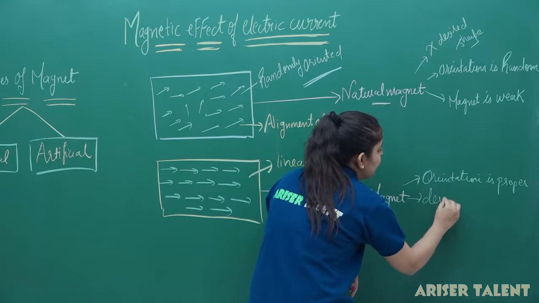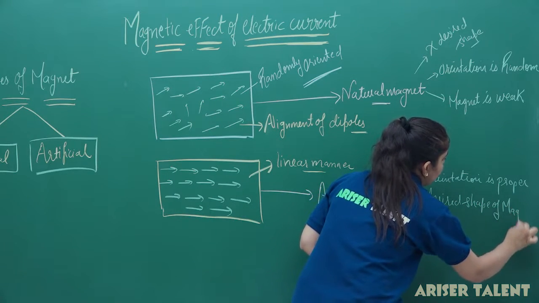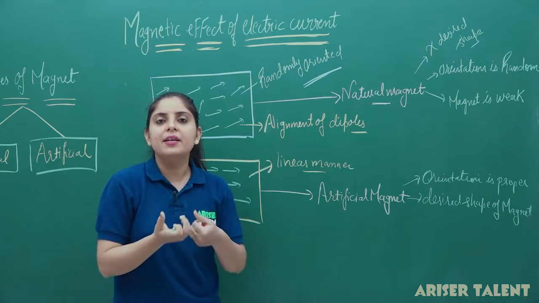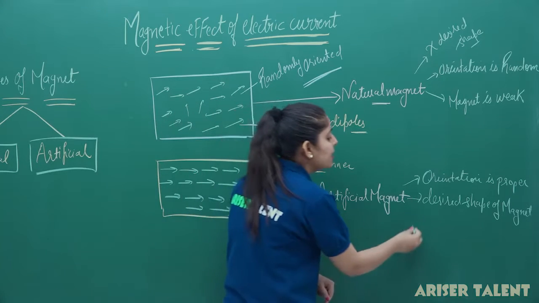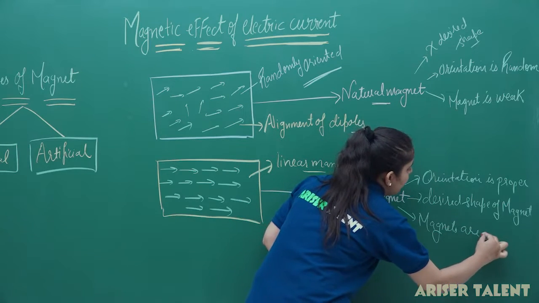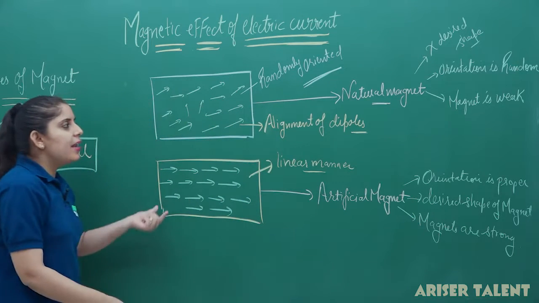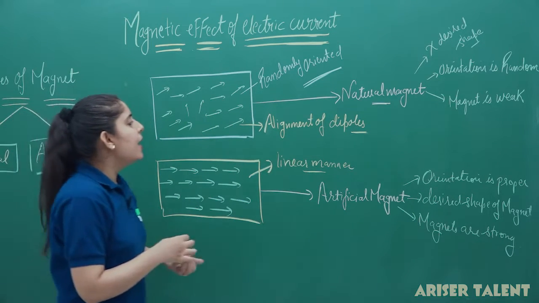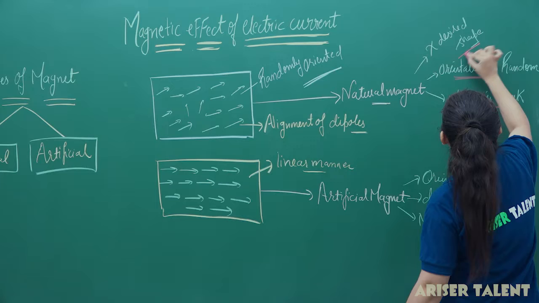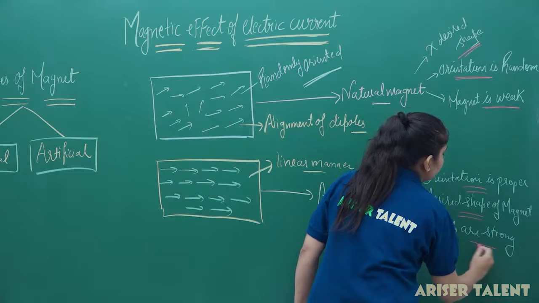And we are making this magnet with good quality alloys, so these magnets are very strong. So this is the actual difference between the natural and the artificial magnets. With natural magnets, there are certain drawbacks, and these drawbacks can be overcome by using artificial magnets.